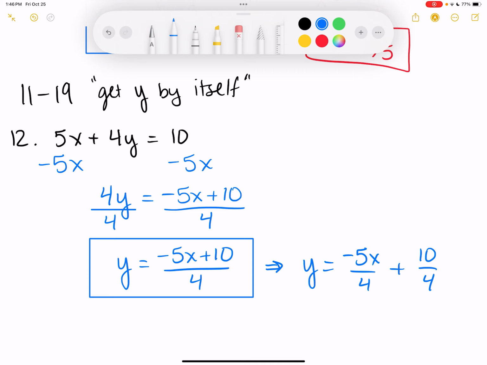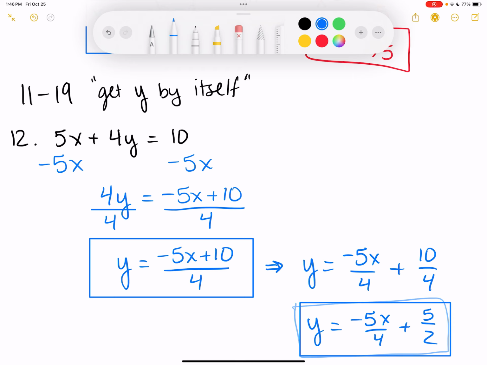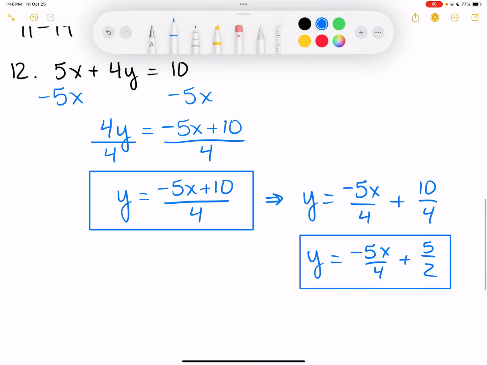But then 10 over 4 can reduce, so their answer is actually y equals negative 5x over 4 plus 5 over 2. So you can write it either way. I write it like this. The book writes it like this.